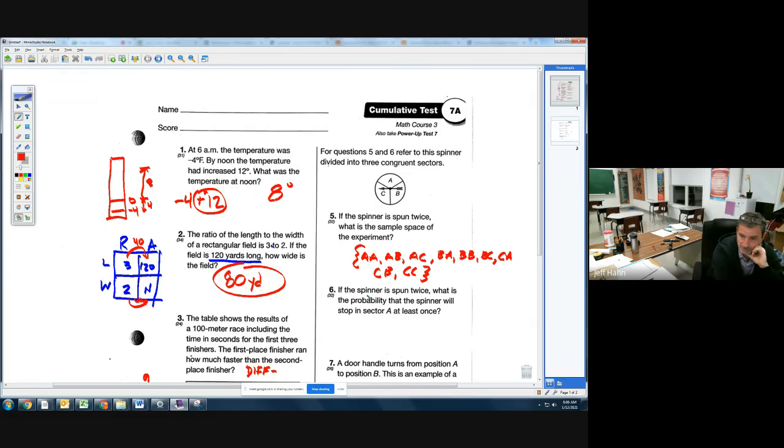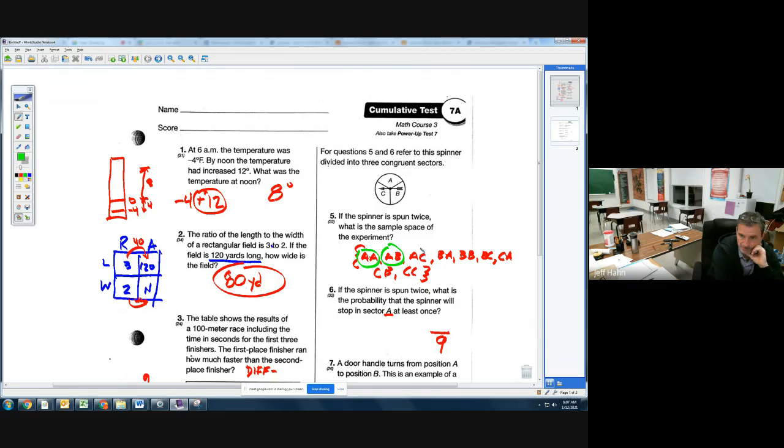If you spin the spinner twice, what's the probability it will stop in sector A at least once? Well, you need your answer to number 5 to answer that. You know that when I spun it twice, which is what I did up here, I had 9 possibilities. And I am looking for the ones where there's at least one A. So if I go up there and look for the ones that have at least one A, well, this has at least 1, it has 2, but that's fine.